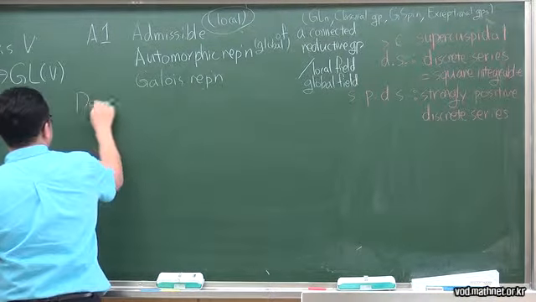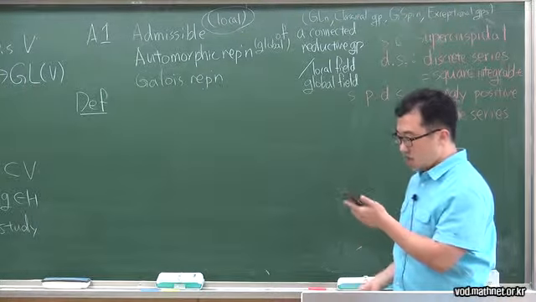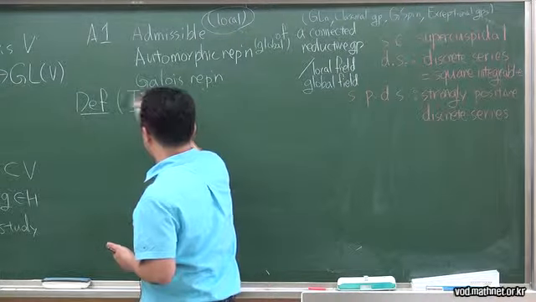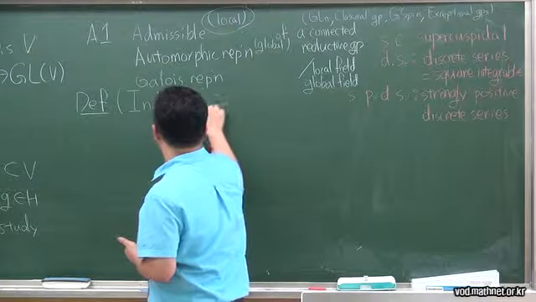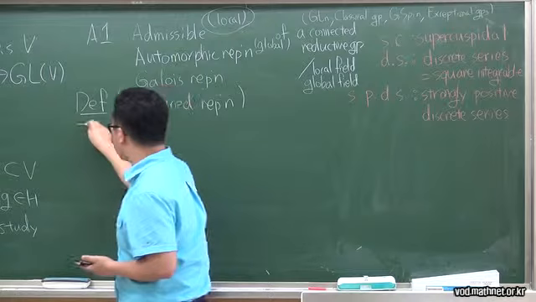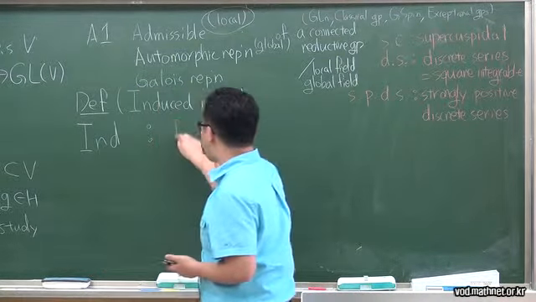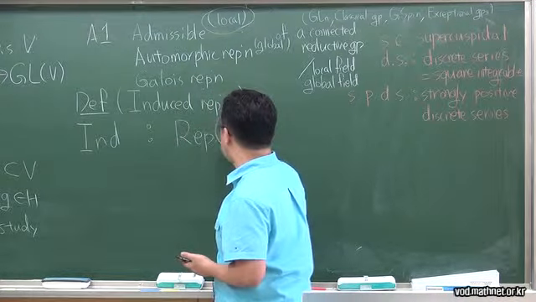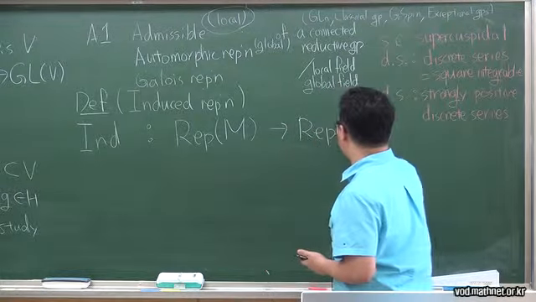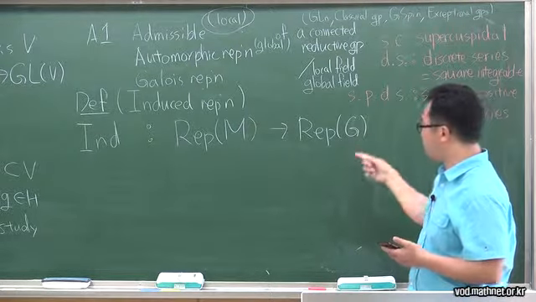To study this kind of representations, for example admissible representations, we also use so-called induced representations. This is a kind of functor from representations of a certain subgroup to representations of the original group G that you want to study, for example GLN, classical groups, or GSpin groups.